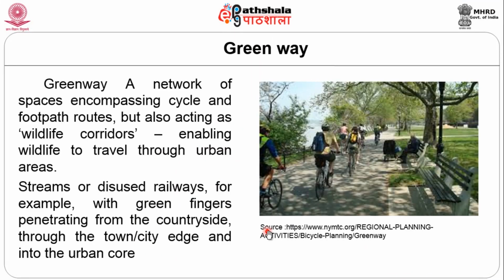This can be a connectivity between the urban and the countryside, creating recreational green spaces for the users, making a strong link between the urban and the country and enabling travel and recreation for them.